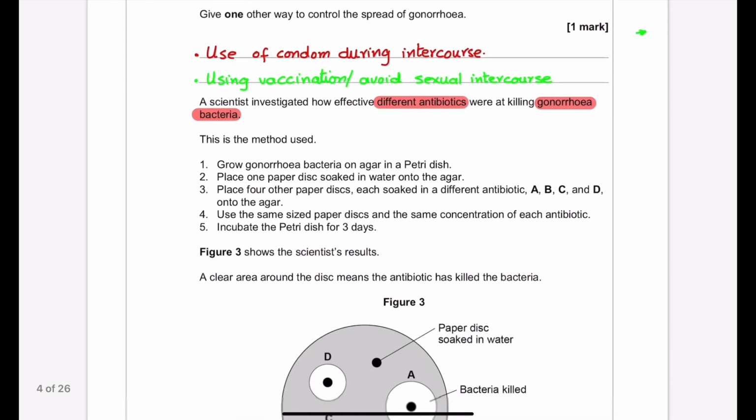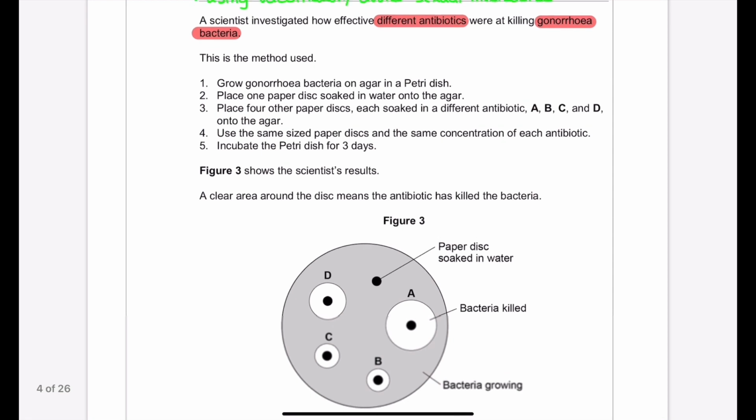Now the information is given here. The scientists investigated how effective different antibiotics were at killing the gonorrhea bacteria. The method is described here. Grow gonorrhea bacteria on the agar in a petri dish. Place one paper disc soaked in water onto the agar gel.